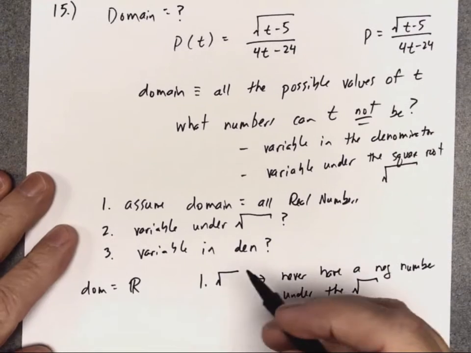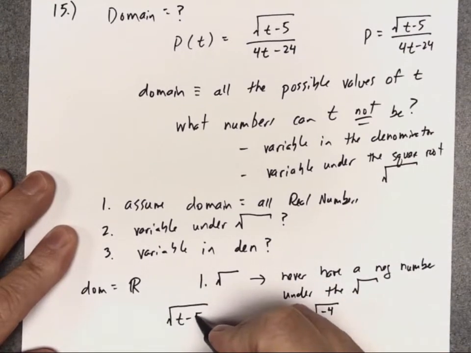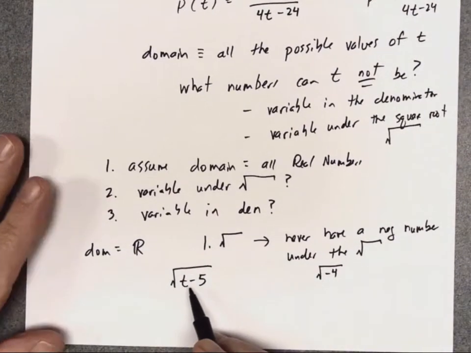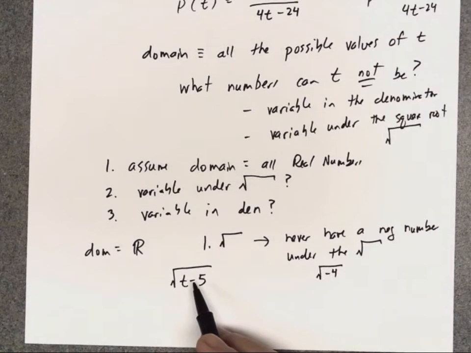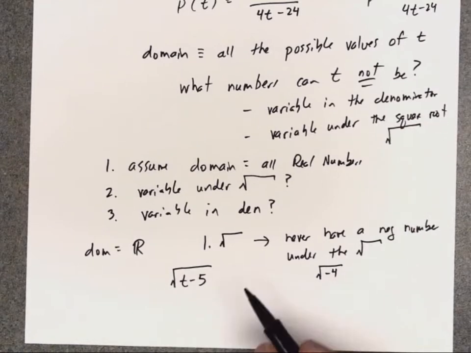So for my problem, here's what I have. I have to figure out what values for t, if I plug in numbers for t, do I end up with a negative number under the square root? It could happen. I cannot let it happen, but it's possible.